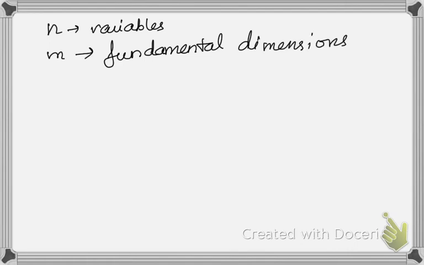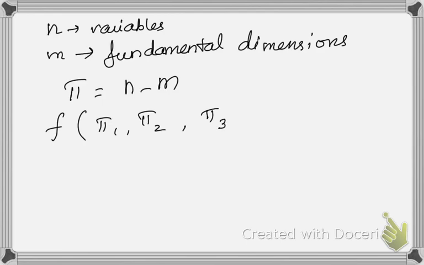So the equation can be written in terms of a number of dimensionless groups or pi terms, in which the number of pi terms will be equal to n minus m. The equation becomes f of pi 1, pi 2, pi 3 up to pi n minus m is equal to 0.